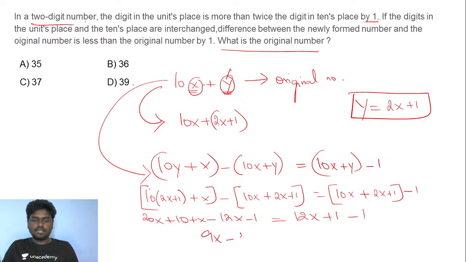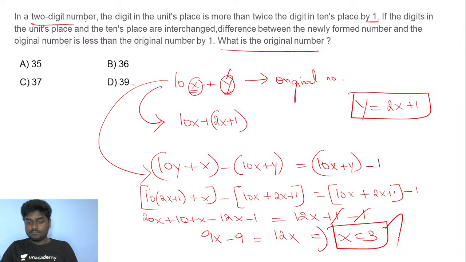So 9x minus 9 is equal to plus 1 minus 1 goes out. It's going to be 12x. So from this, the value of x is going to be 3.